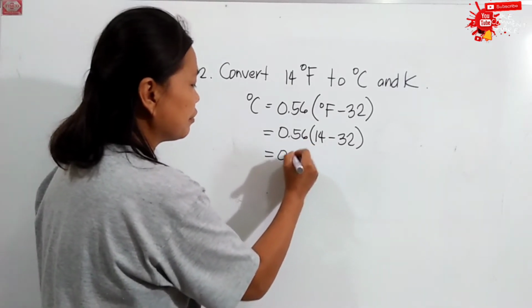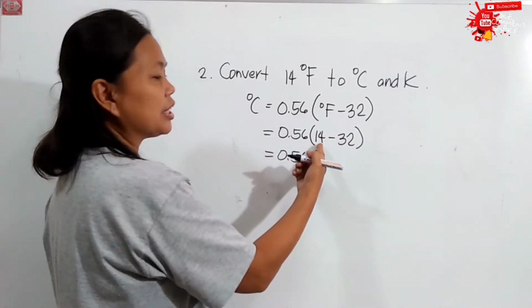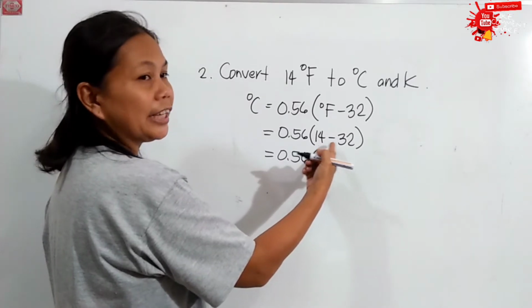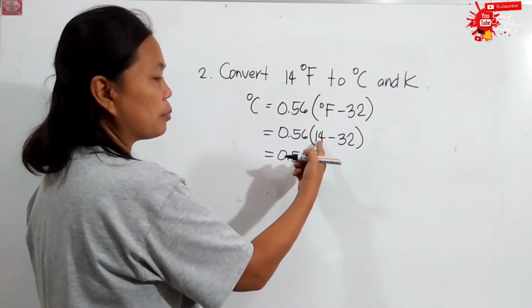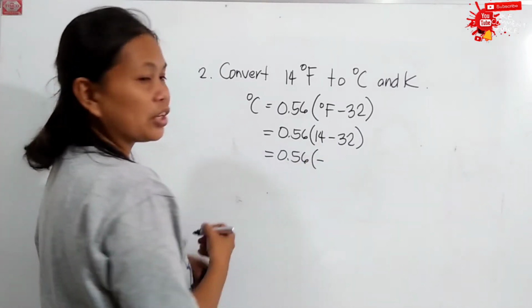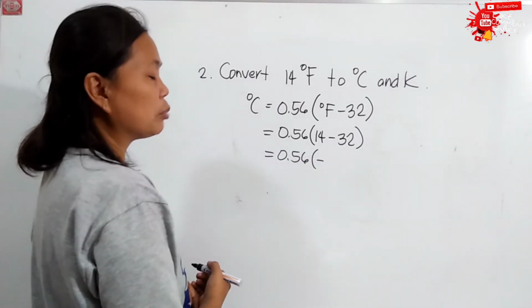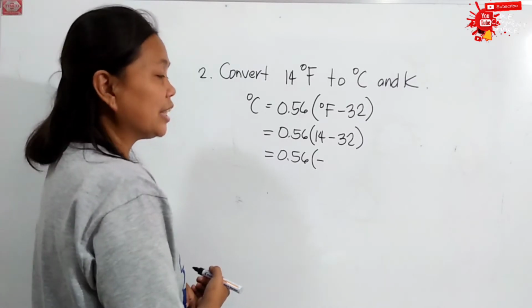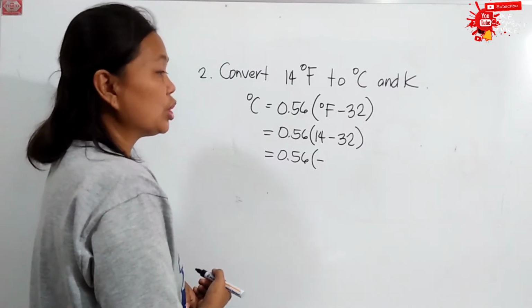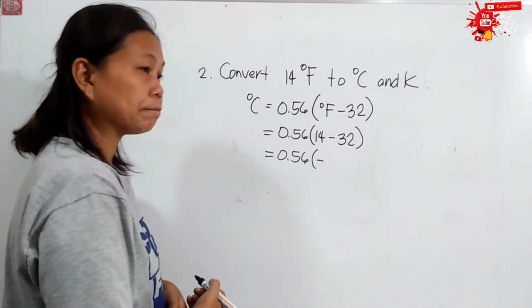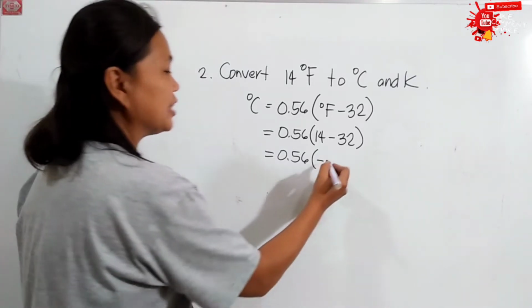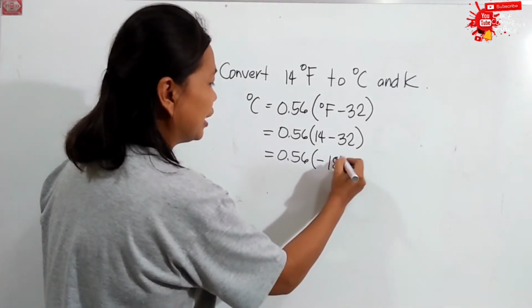So 0.56 times the difference between 14 and 32. Since we are subtracting a bigger number from a smaller one, the answer will be negative, because it will become 14 plus negative 32. So we have here negative 18.